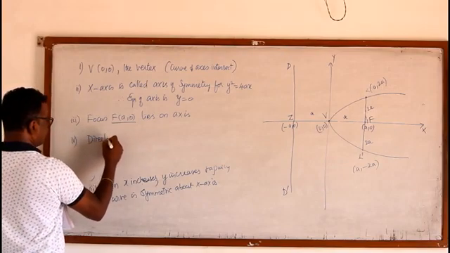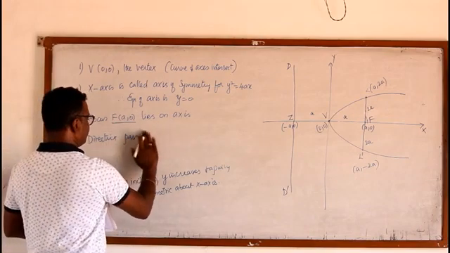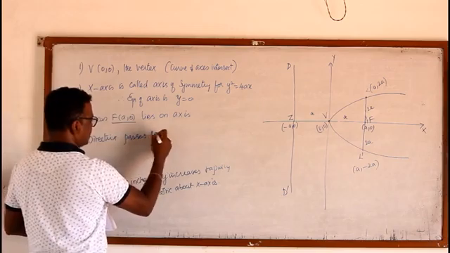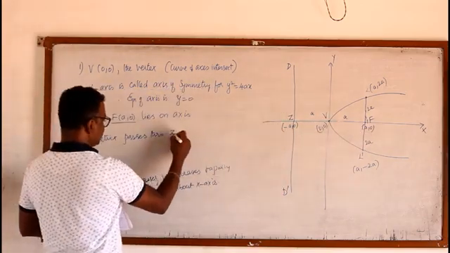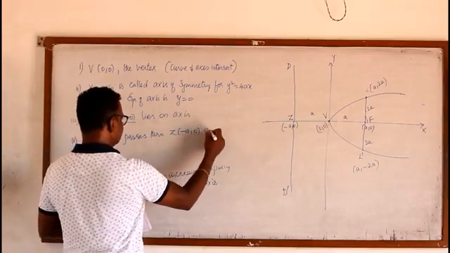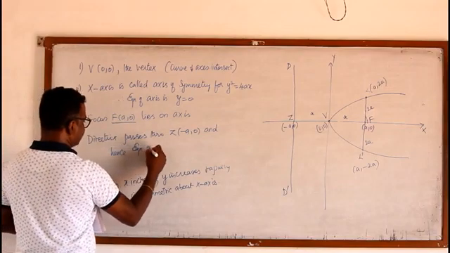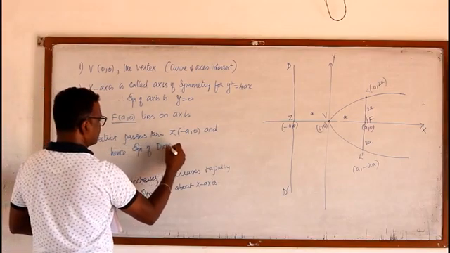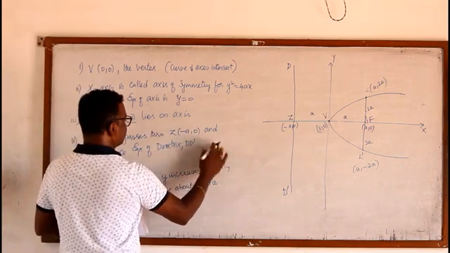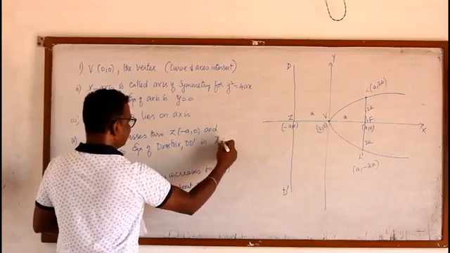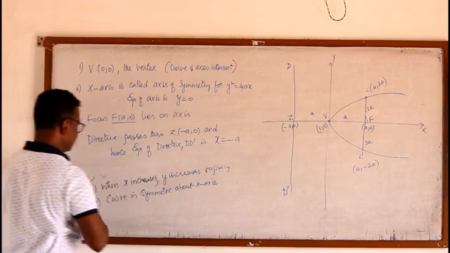Directrix passes through, exactly opposite to this focus, passes through Z of minus a comma 0, and hence the equation of directrix DD dash is x equal to minus a. A line parallel to the y-axis means x equal to minus a.